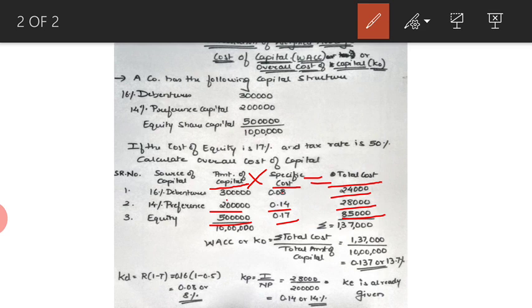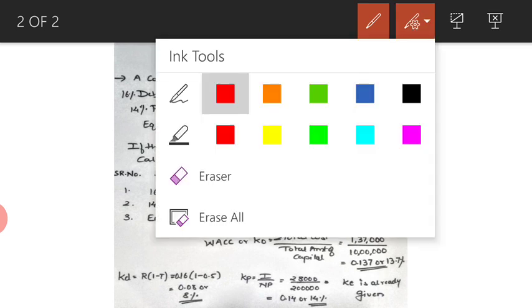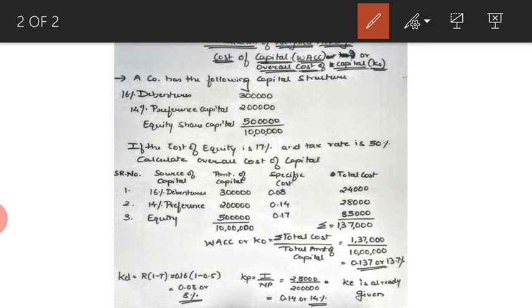Once the total cost is calculated, you have to take the summation of the total cost. So 24,000 plus 28,000 plus 85,000 is 1,37,000.